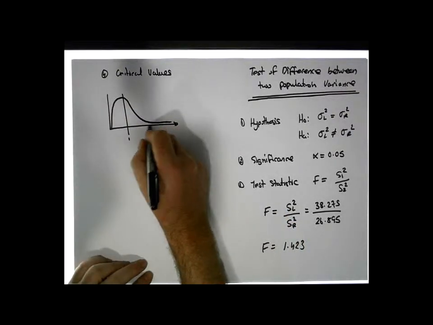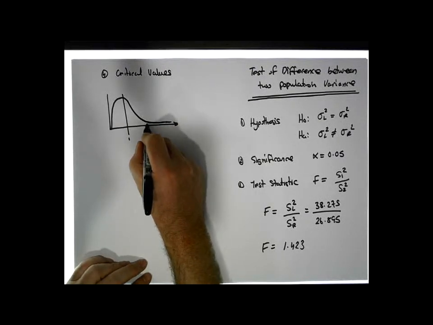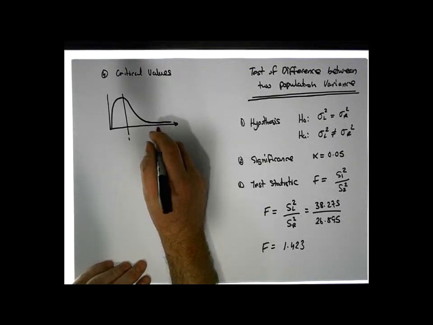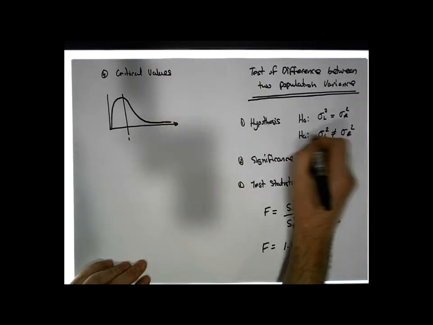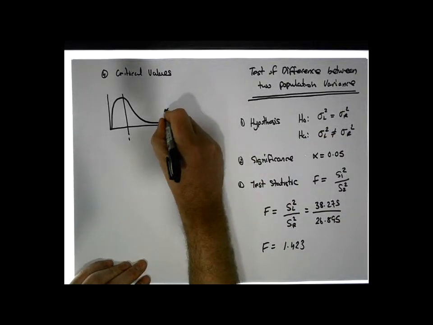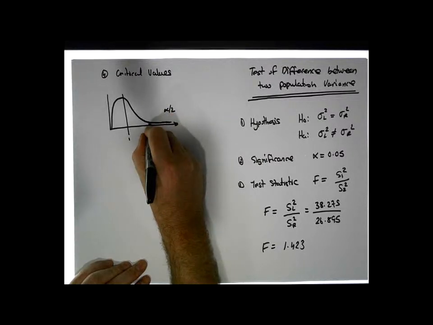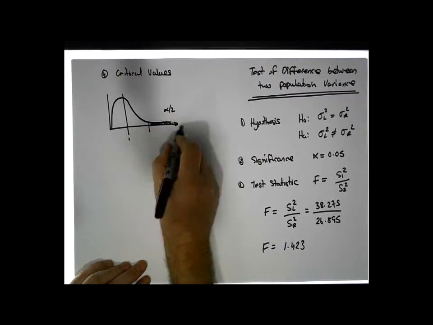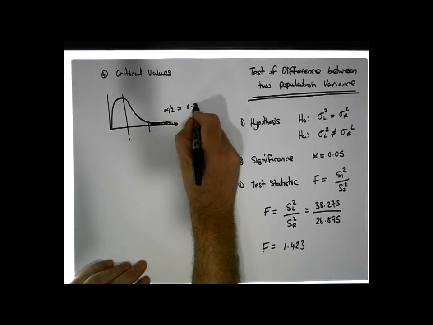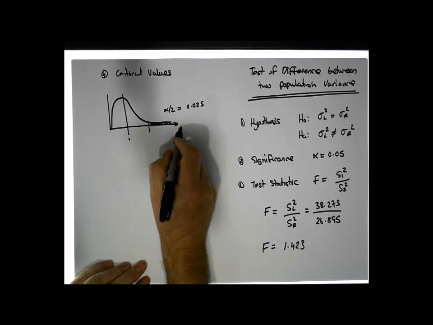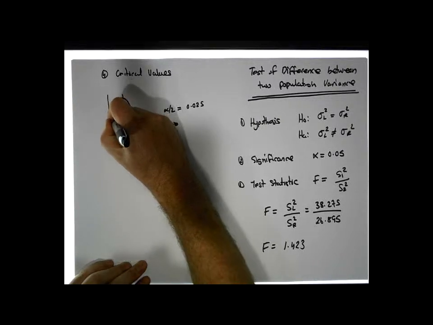It just happens that that's where we've given you tables for right-hand tail areas. But because it's a two-tail test, I have alpha over 2 going into this tail. So I need the critical value here that has alpha over 2, which is 0.025, of the area in the right-hand tail, which also means there's an alpha over 2 over here.